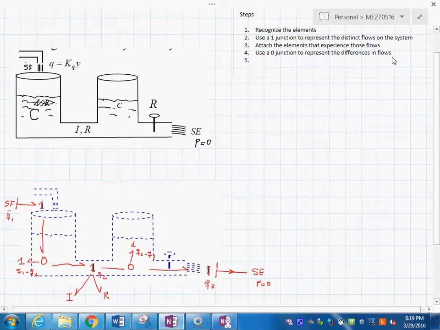So in here we have to attach the C element, obviously. Well, there will be a space in here, hopefully. We put the C over here, and we also put the other C element over here.